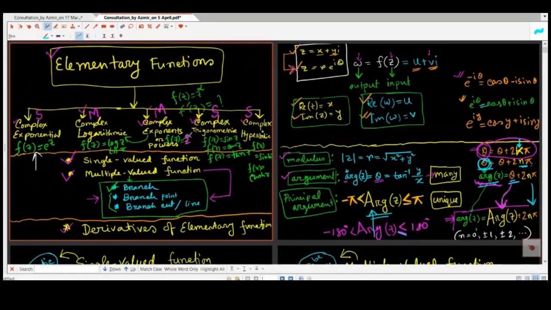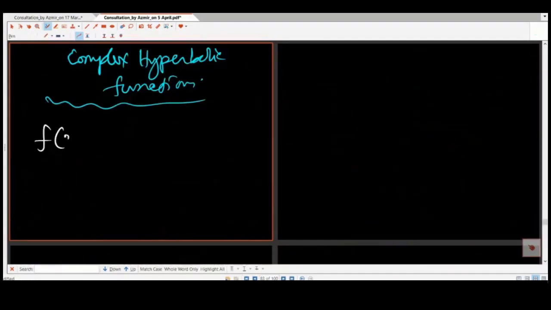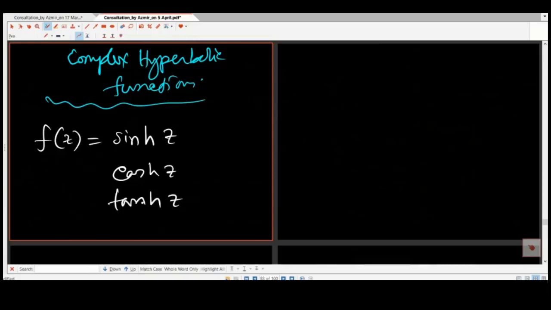Let's talk about complex hyperbolic functions. Complex hyperbolic functions are also single valued. It will be hyperbolic sine of z, hyperbolic cosine of z, hyperbolic tangent of z. So all these are f of z.